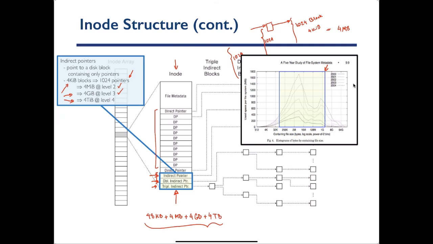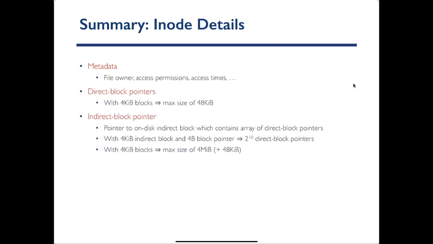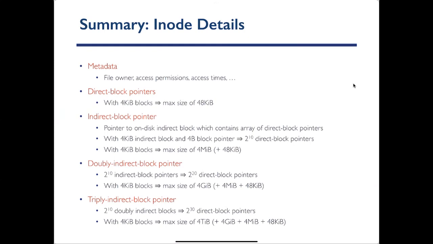Compare this to FAT. The maximum size of a file in FAT was 4 GB. Here we have added an extra 4 TB plus some small amount. We talked about metadata, direct blocks, indirect blocks, doubly indirect blocks, and triply indirect blocks.